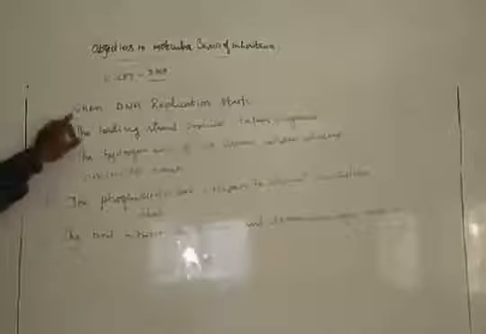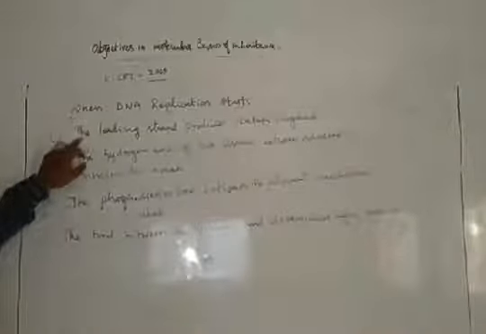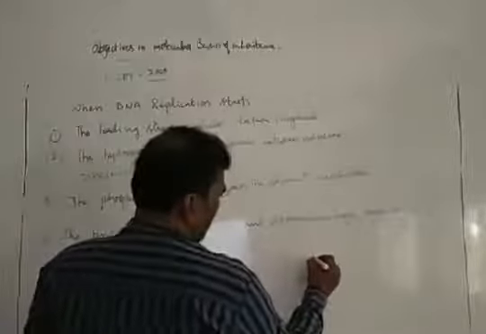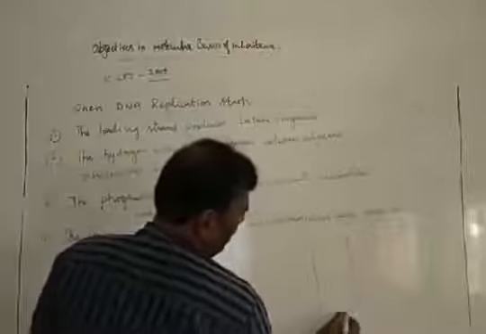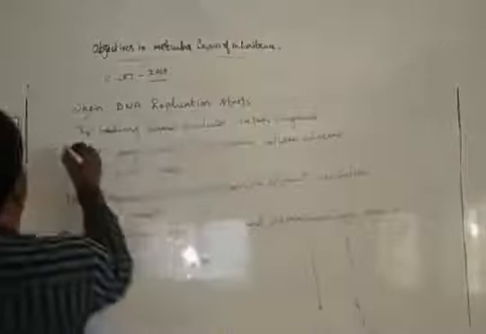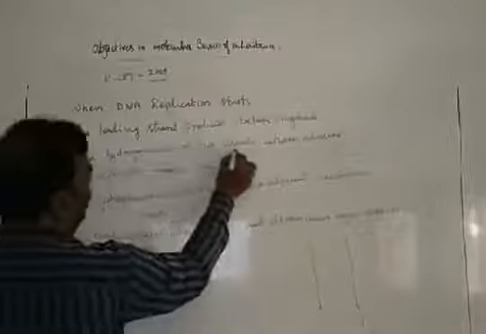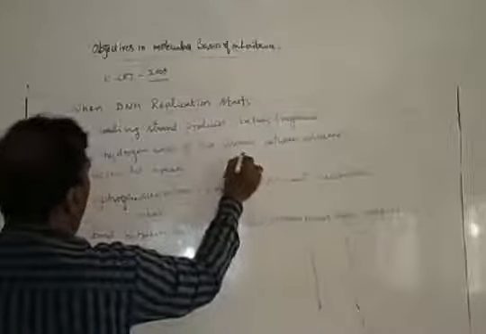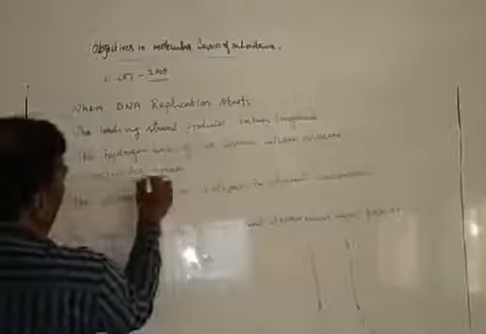What is here? When DNA replication takes place, the leading strand produces the Okazaki fragment. Okazaki fragments are not seen in the leading strand. Okazaki fragments are seen in the lagging strand. So this statement is wrong. The hydrogen bonds of the two strands between the adjacent nucleotides break.